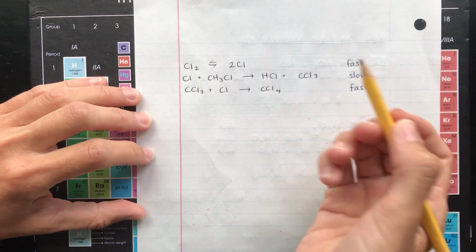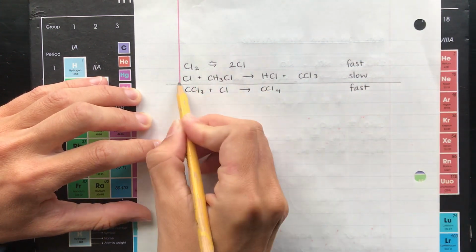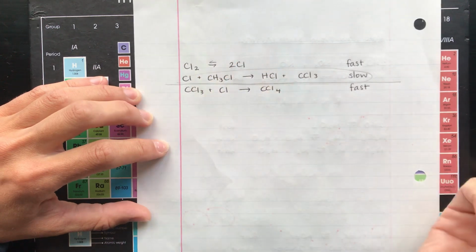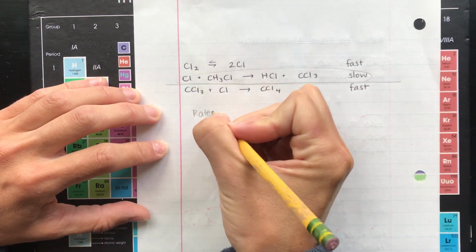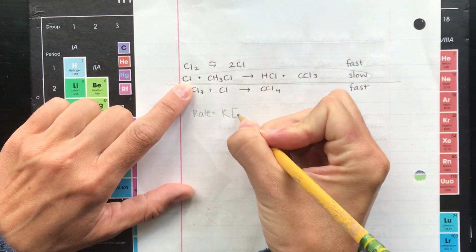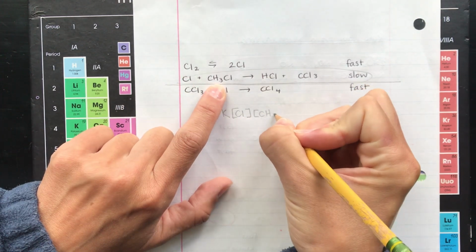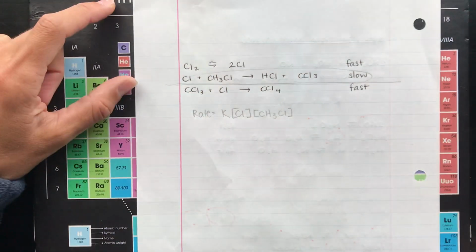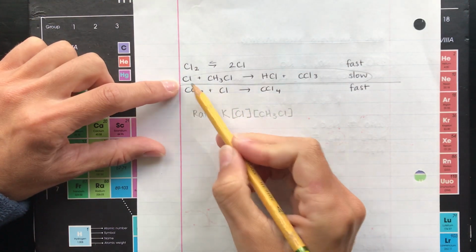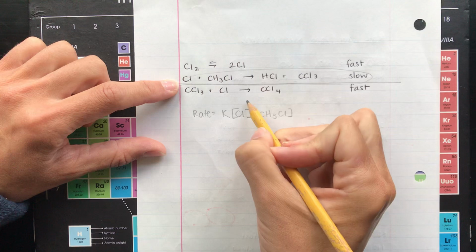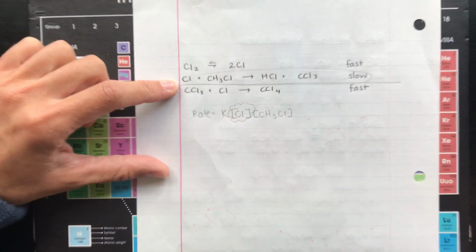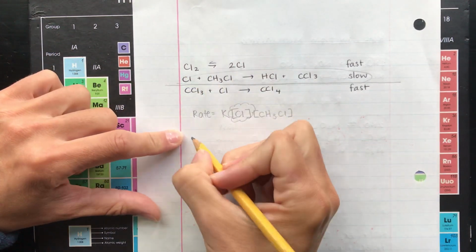All right, so we go up to our slow step. Let's write our rate law. This one has 1 atom of chlorine and a molecule CH3Cl. The atom of chlorine is my intermediate that I want to get rid of. So let's do the top one.